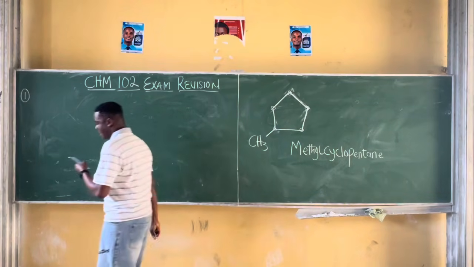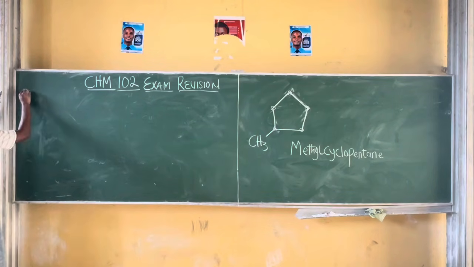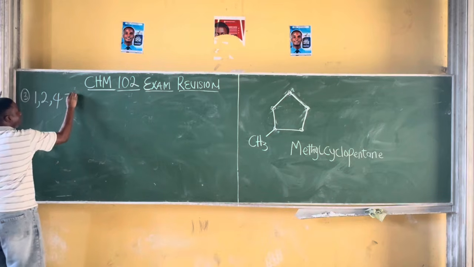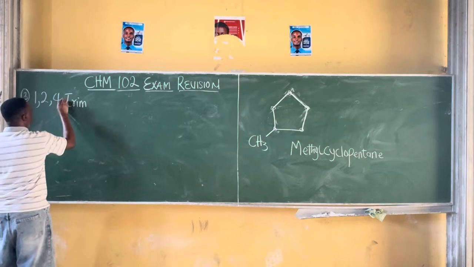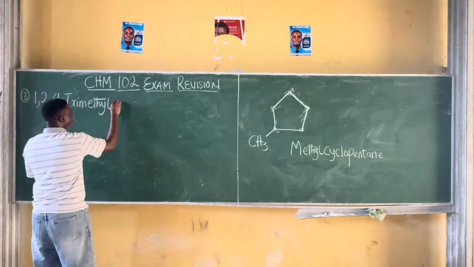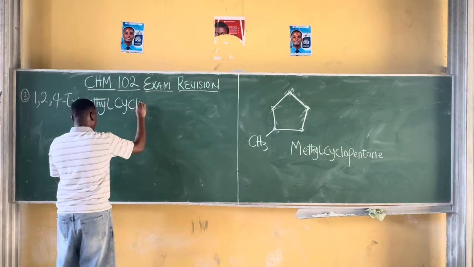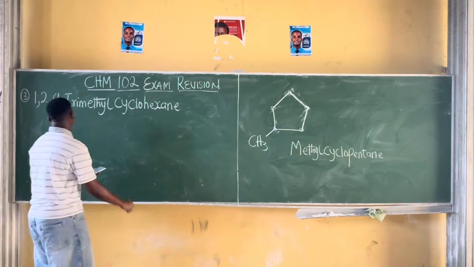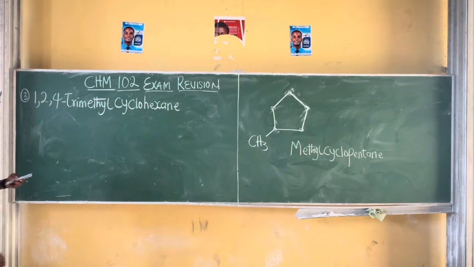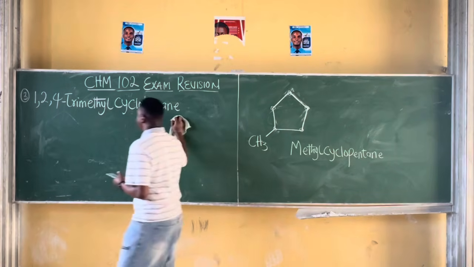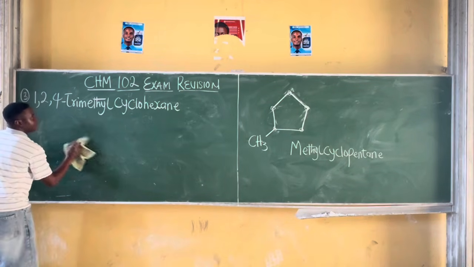The name is 1, 2, 4 trimethyl cyclohexane. 1, 2, 4 trimethyl cyclohexane. So they gave us this name and they said we should draw the structure of this compound.